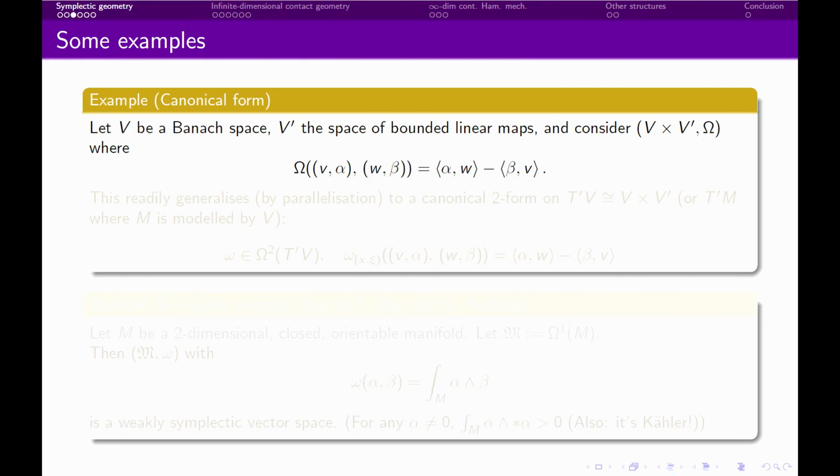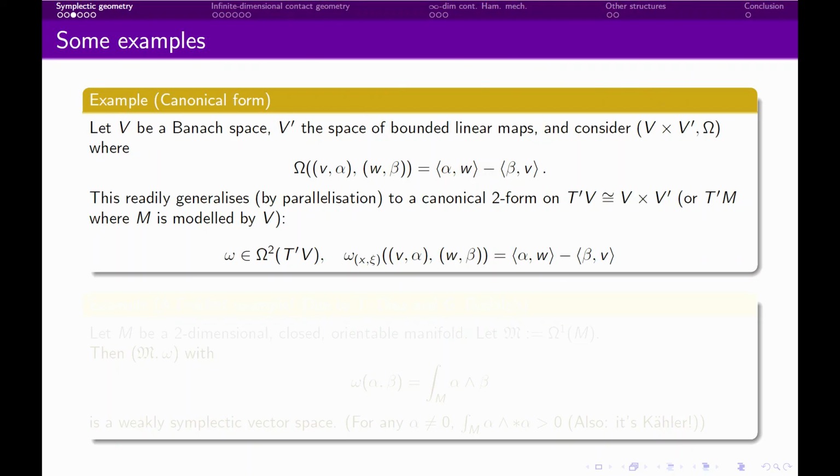Okay, so here's an example of an infinite dimensional symplectic form. If we take V to be a Banach space and V prime to be the space of bounded linear maps, and if we consider this to be omega, so we're pairing the vectors and the covectors, but swapping them around, this gets us a non-degenerate bilinear form that is in particular anti-symmetric.